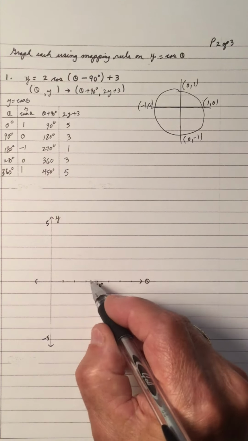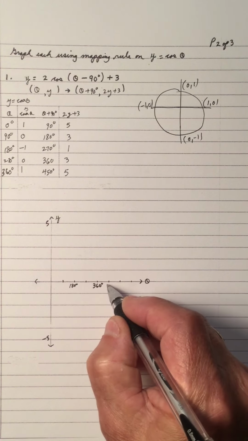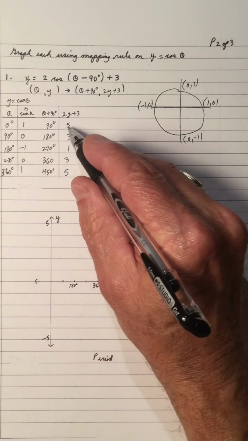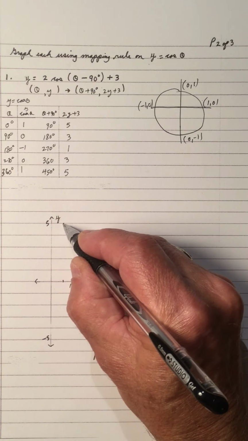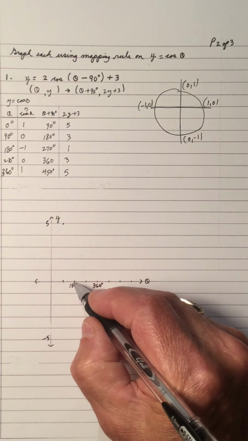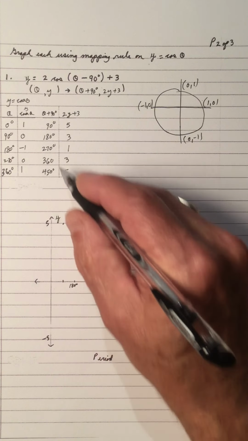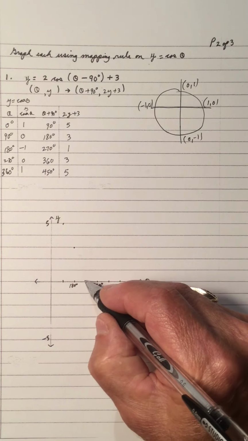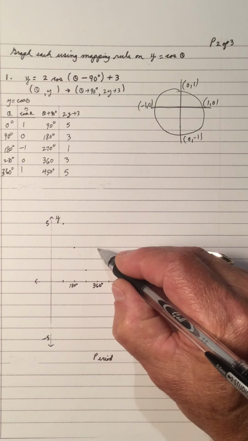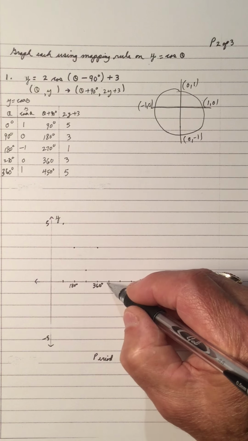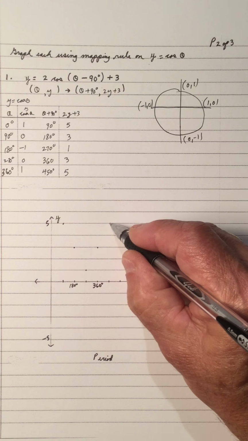That's 90, 180, 270, 360, and 450. 90 gives me a 5, right up here. 180 gives me a 3. 270 is a 1. 360 is going back up again to 3. And 450 goes on up to 5 right here.